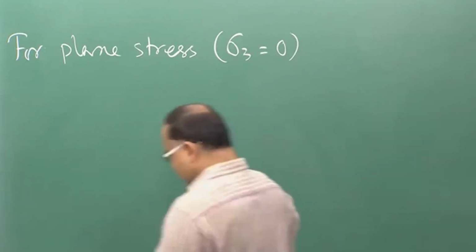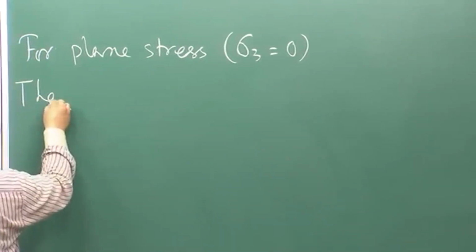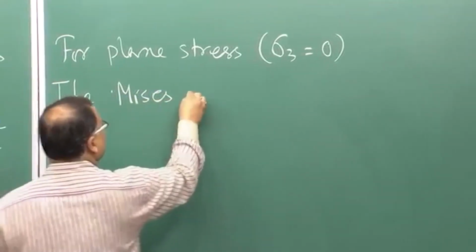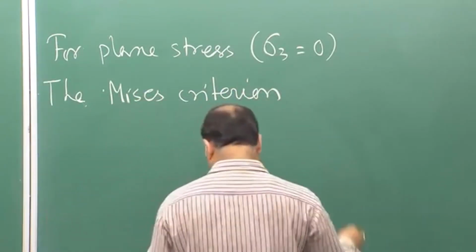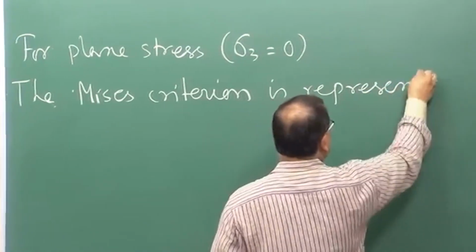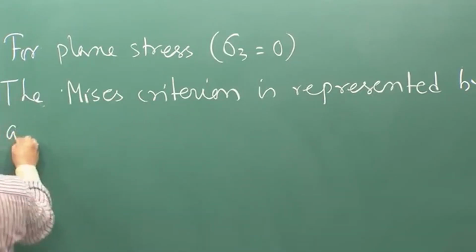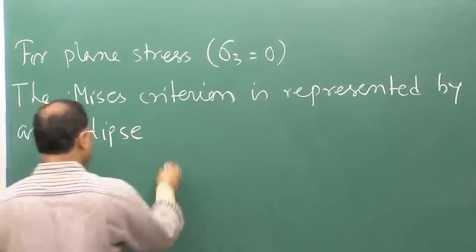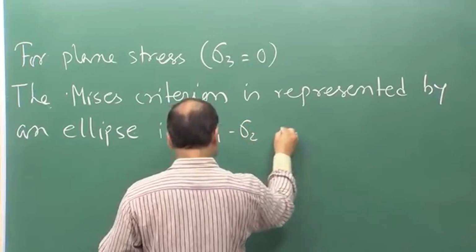So, the Mises criterion is represented by an ellipse in the sigma 1 sigma 2 plane.